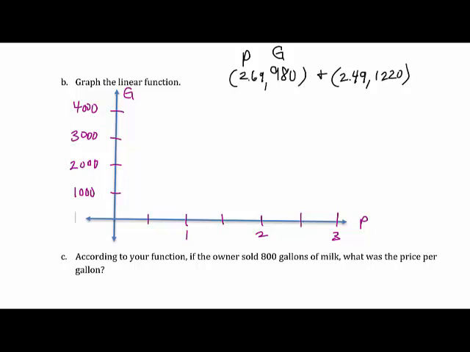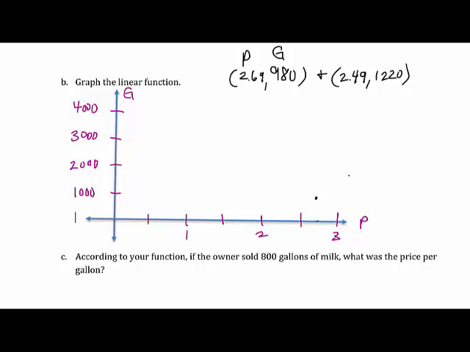So 2.69 is going to be somewhere in here, and then up to 980, which is very close to 1,000. So we're going to have a point somewhere in this area.